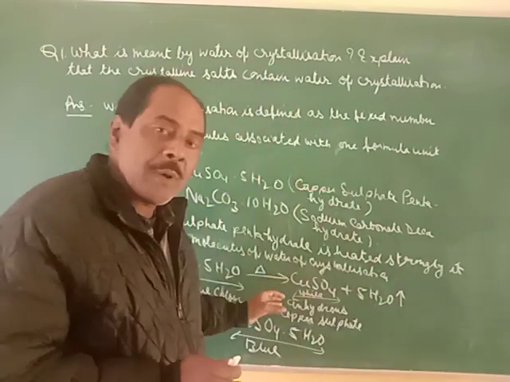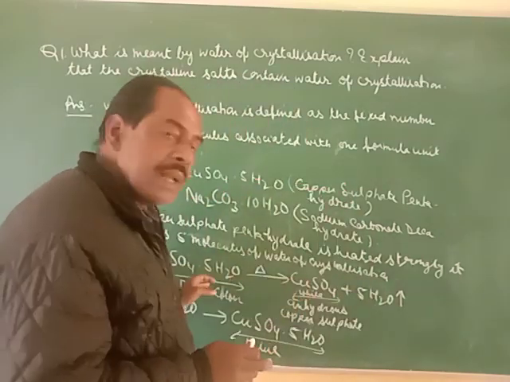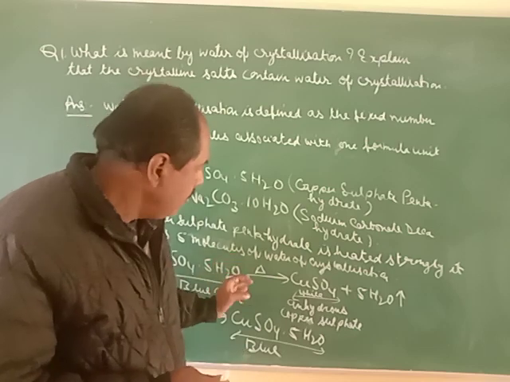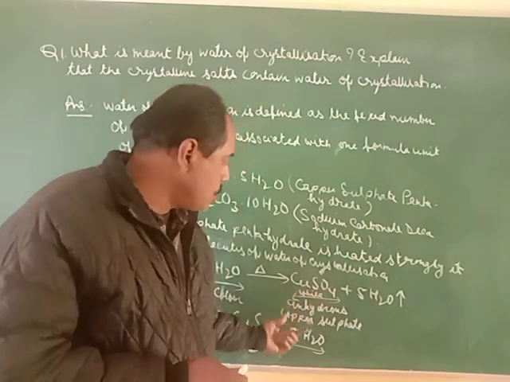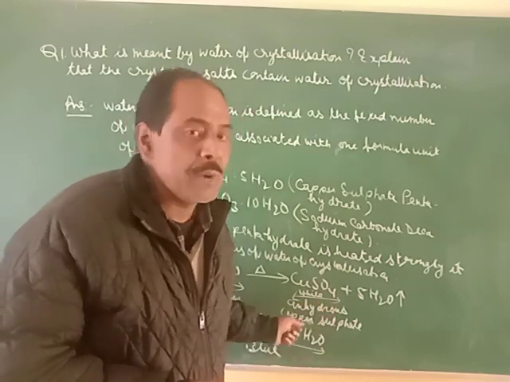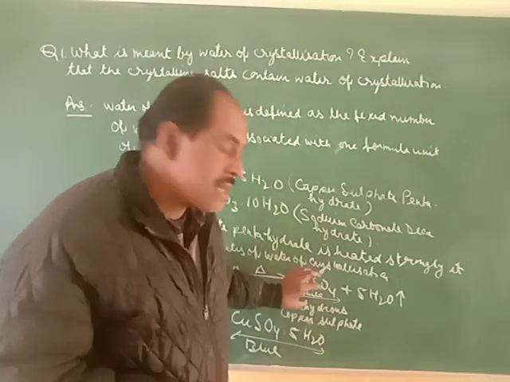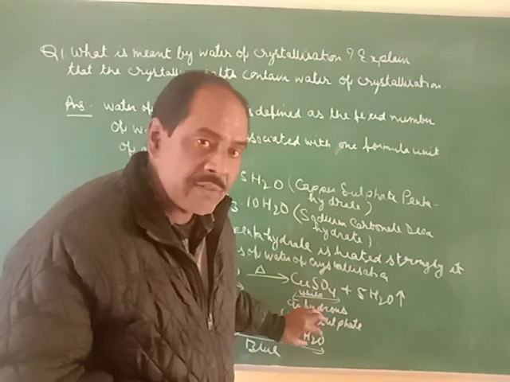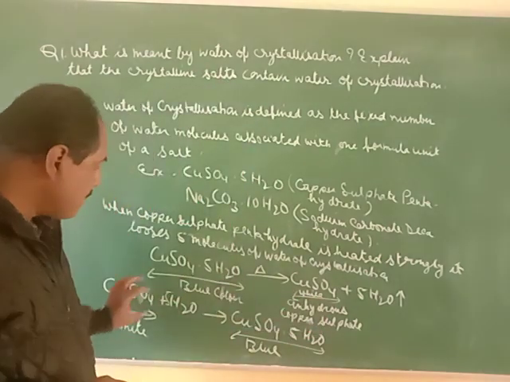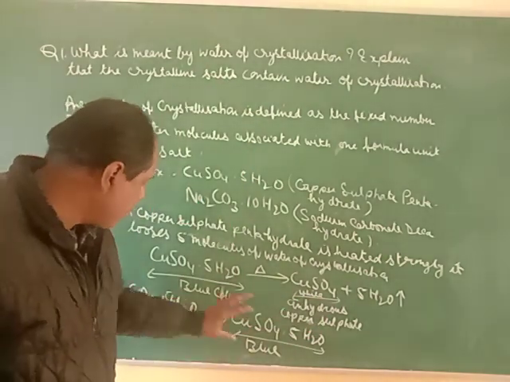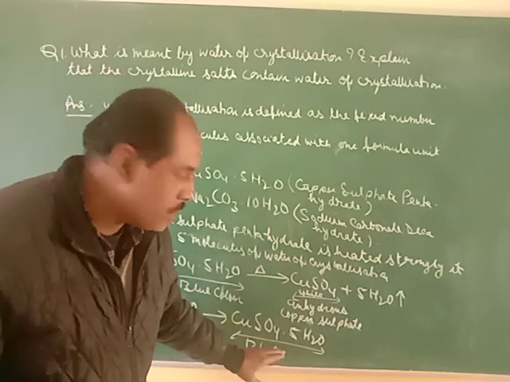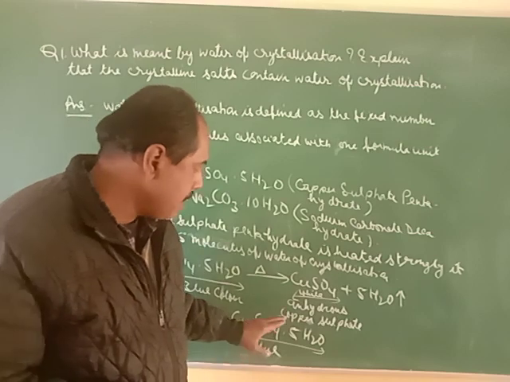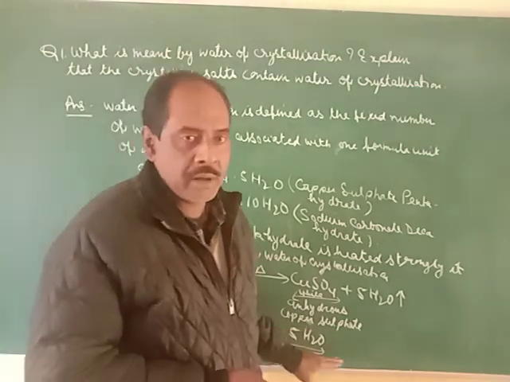Here I have taken the example of copper sulfate pentahydrate; when it was heated strongly, it liberated 5 molecules of water of crystallization and turned to anhydrous copper sulfate, which was white in color. Now this anhydrous white copper sulfate, when it is subjected again to water, gets back its 5 molecules of water of crystallization and turns to blue color, that is copper sulfate pentahydrate.